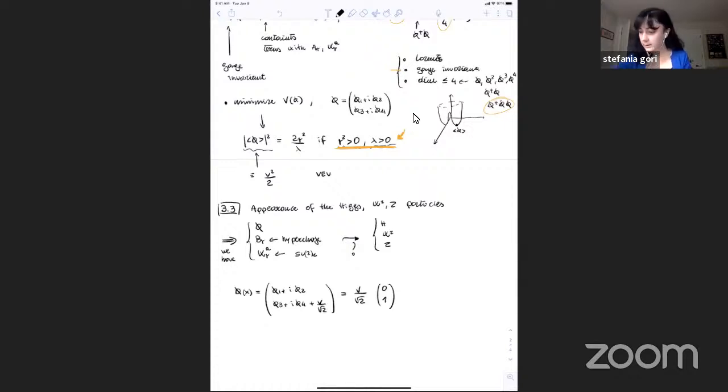Let me write first the exponent of i pi i of x over v sigma i over 2. So let me write the full expression and then I will discuss it. 1 plus h of x over v.